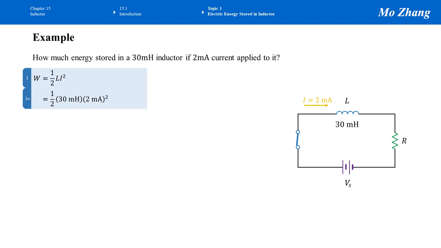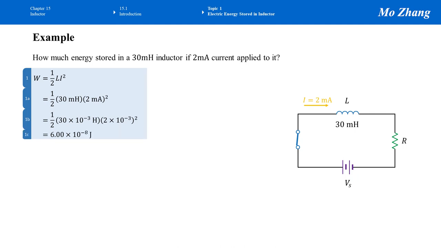If you look here, millihenry and milliamps, the prefix milli means 10 to the power negative 3. So that is 1/2 times 30 times 10 to the power negative 3 Henry times 2 times 10 to the power negative 3, and then the entire thing squared.